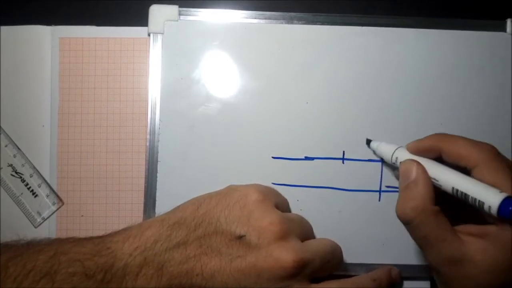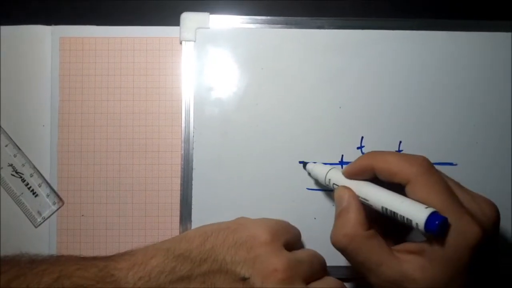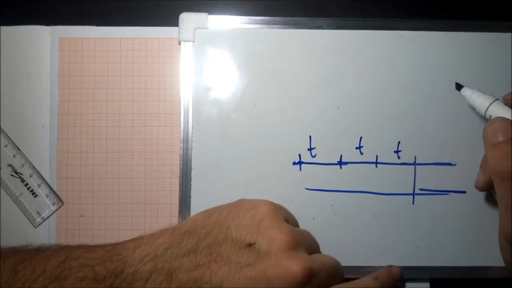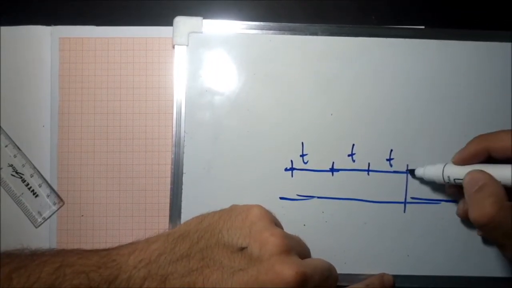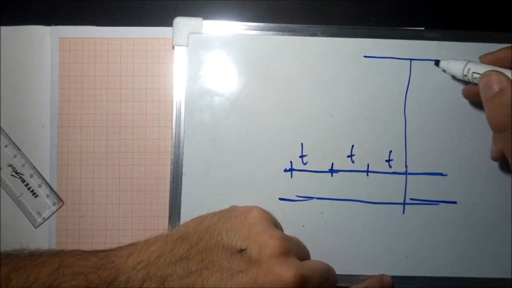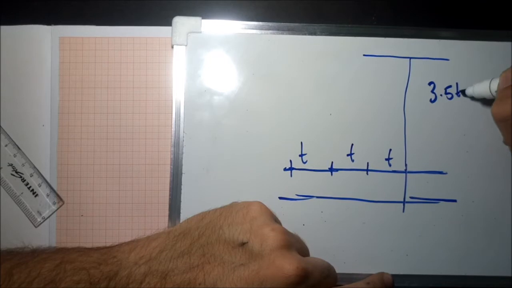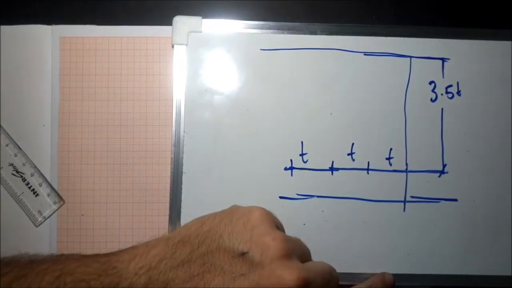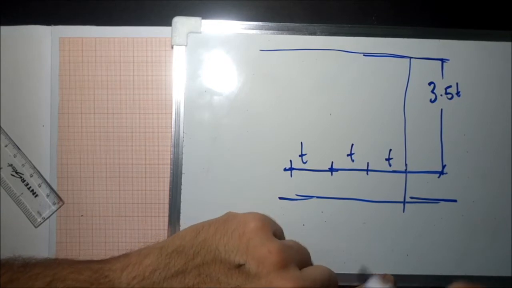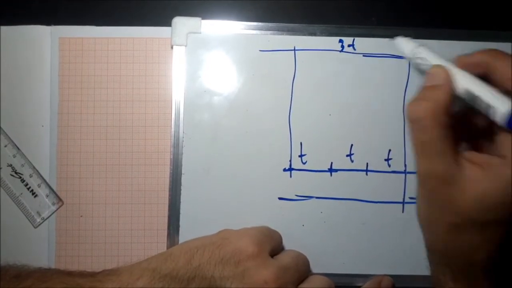We take full thickness T, we take another full thickness T, and we take another full thickness T. Now, the maximum height for the ain we're going to work with is 3.5 T. We will locate this line. Now, the width, as we talked about, is 3T.